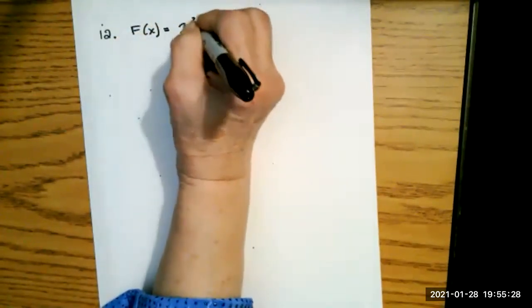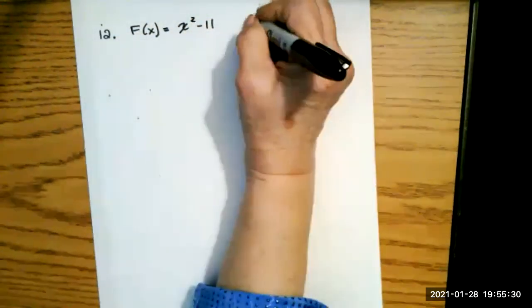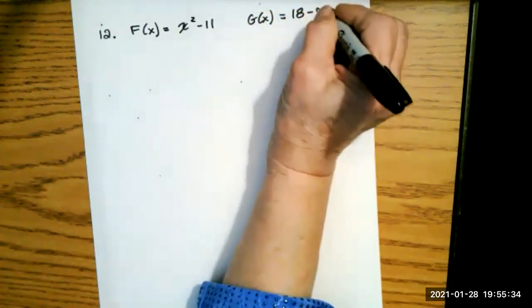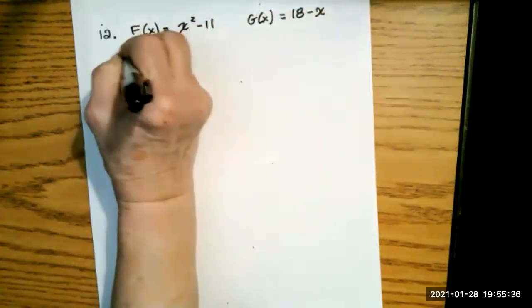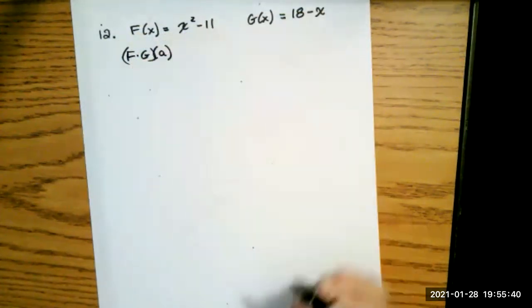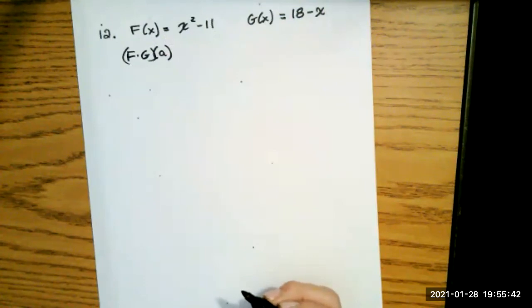Number 12 is f of x equals x squared minus 11, and g of x equals 18 minus x. This time they're going to do f times g of a. Of a, that's interesting. There's no number for us to put in, but there's a letter for us to put in.